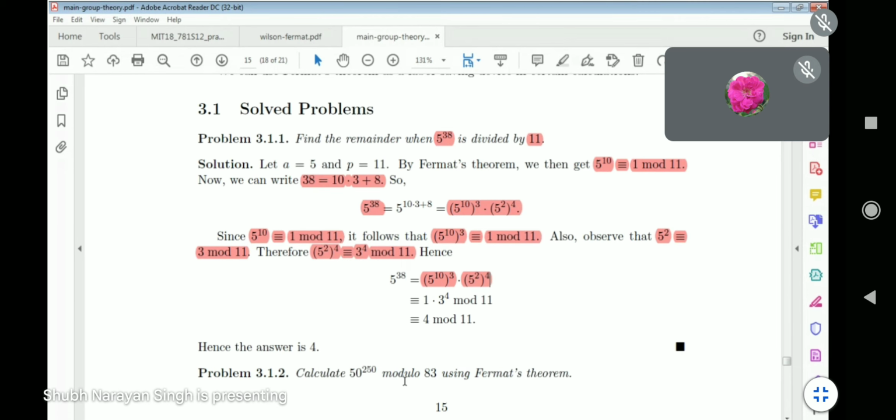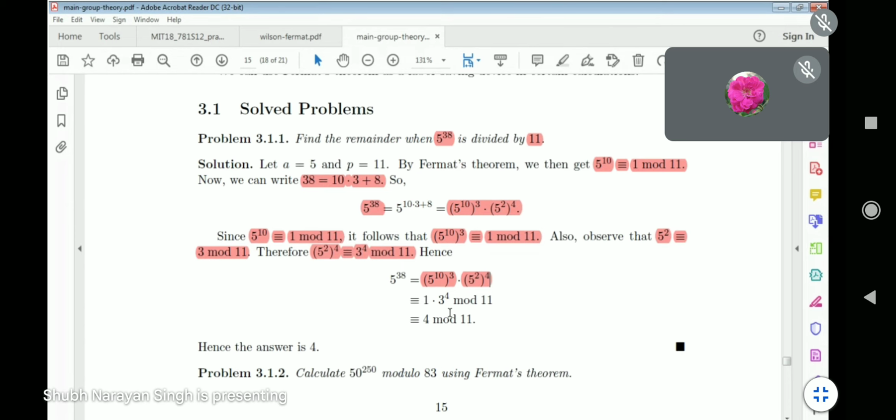That's why instead of (5^10)^3 you just write 1, and instead of this one 3^4, modulo 11. And what is 3^4? 3^4 is nothing but 81.